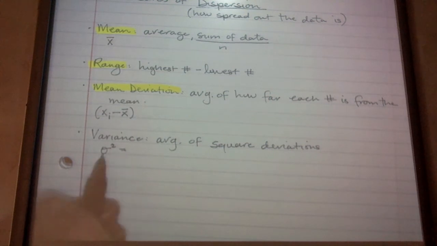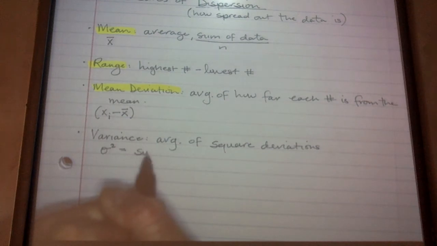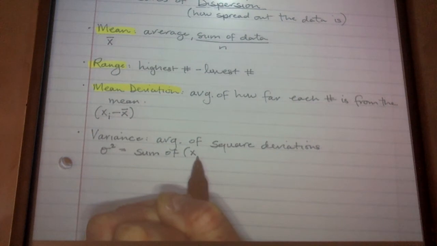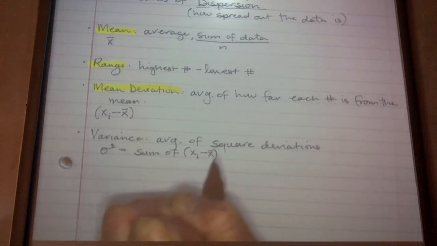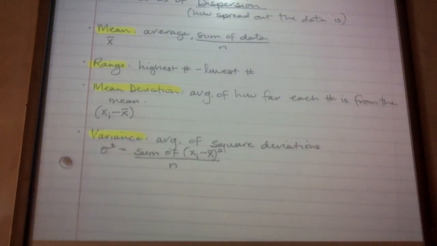So variance would be this little, it's the omega symbol, but it's the O with a line. Almost looks like it has a backwards cap on, squared. And so it's the sum of your mean deviation, so X minus the mean squared, divided by n, which would be how much data you have. And again, we're going to be working on this together, and we will do it by hand, so brace yourself because it is a long formula.